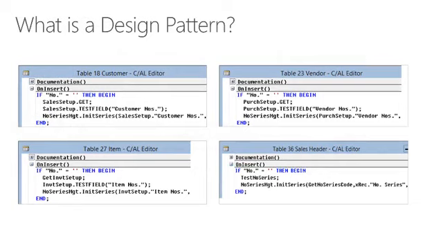So really, what is a design pattern? Design patterns are things that you see return over and over again. One of the examples that I always show in my workshops is the numbers. Every master table, every document table has a field called No, and that's always a Code 20 field.